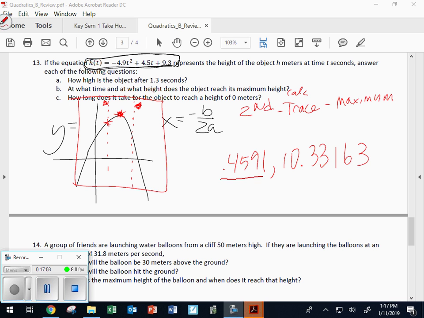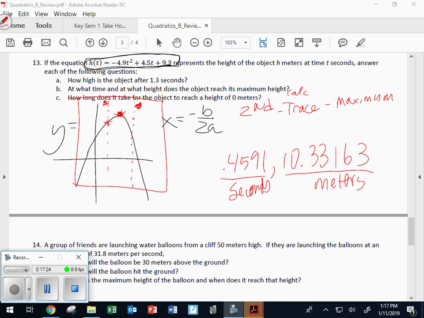That is seconds. That is meters. Do you get that at about a half a second, this thing reached its maximum height, which was about 10 meters? Do you get how it gives you two answers at once?